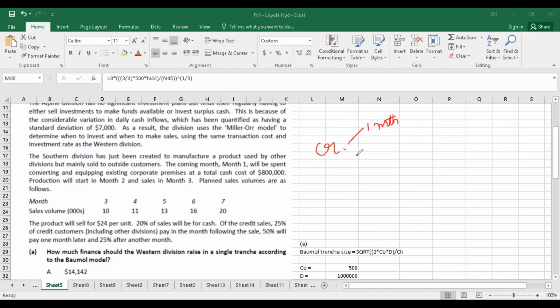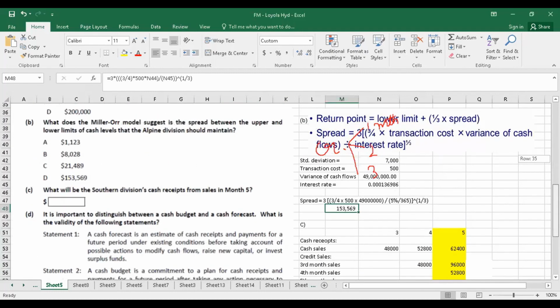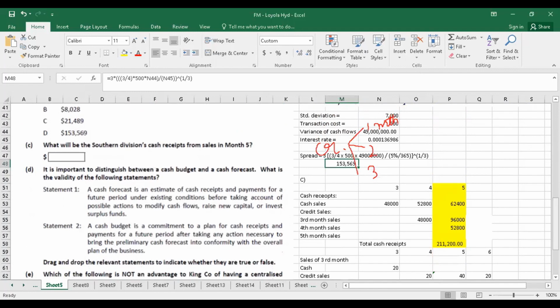So they will take 2 months from the date of sale, and the balance, 25% of them, will pay after another month, 3 months. So altogether, the credit period is extended for a time period of 3 months.